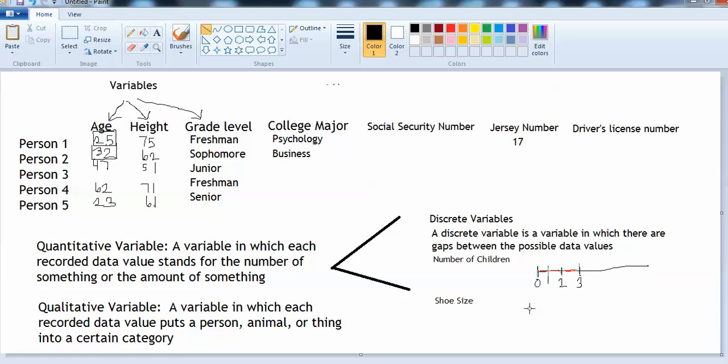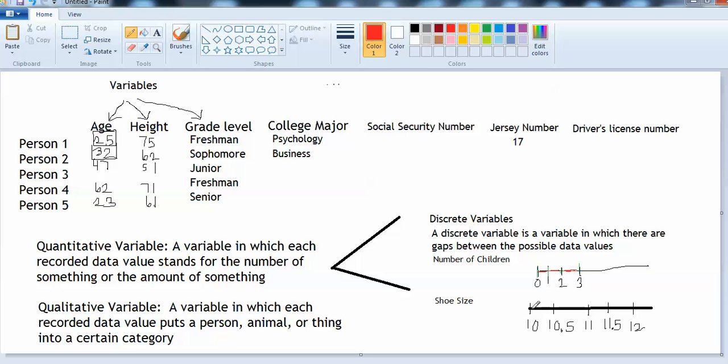A person can have a shoe size of, let's start at 10, maybe 10, 10.5, 11, 11.5, and 12. So here we have gaps in the number line again.